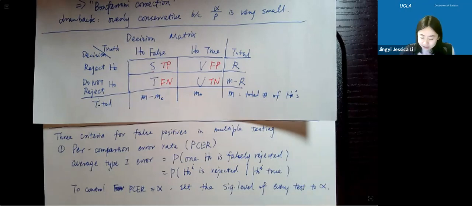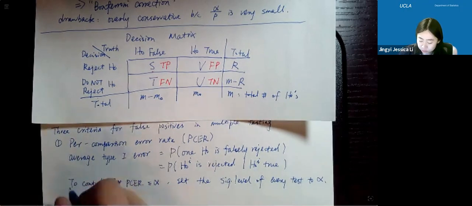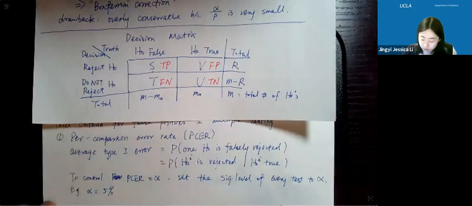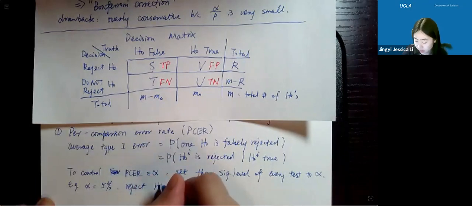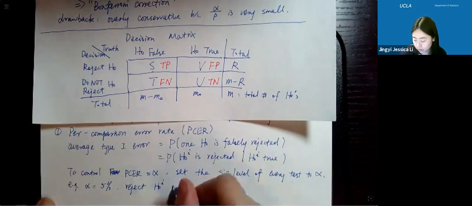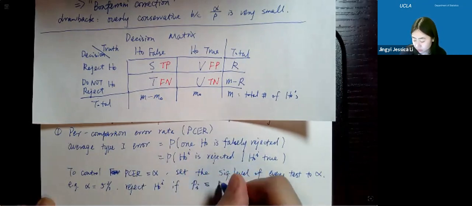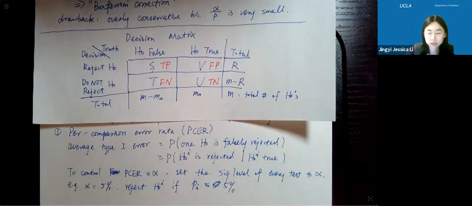So that's the case where, if alpha equals 5%, 0.05, we reject H0i, the ith null hypothesis, if its p-value, pi, is less or equal than 5%. We're done. So this is the way we will do if we do not learn this multiple testing at all.